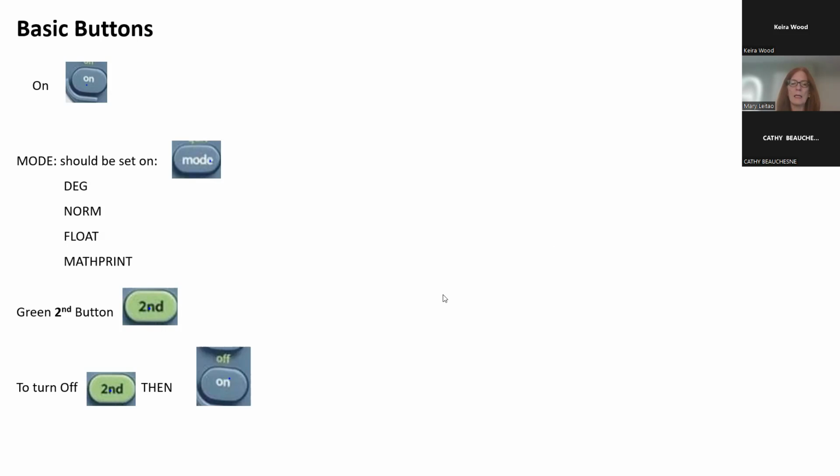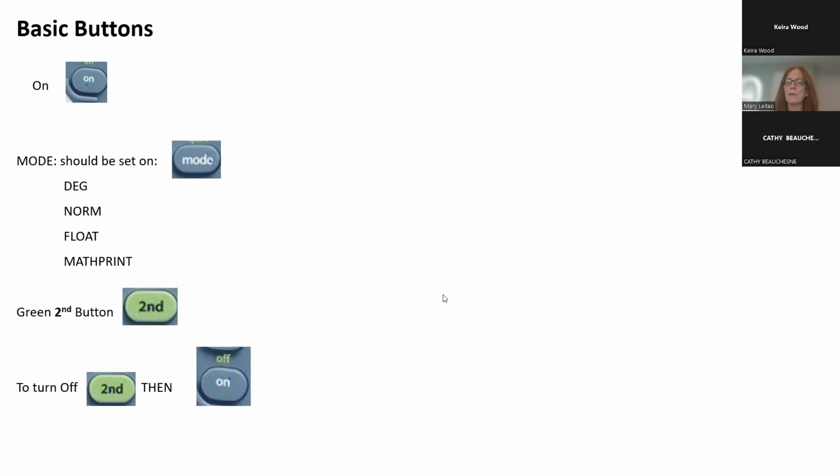This green second button allows you to access some additional functions that are not shown on the gray buttons. The additional functions are in green above each button. So for a green function, which is above a button, it's a 2-step process.